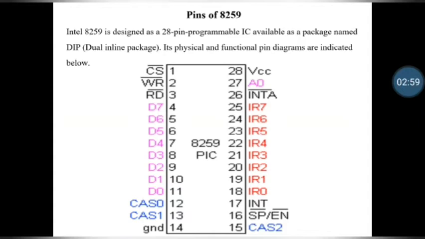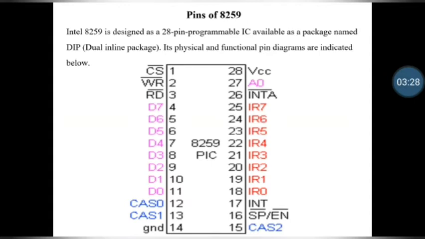The data will be carried to the control word or status word. Also these pins are used for carrying the interrupt vector information. Means the function of the data bus is to carry the data and also to carry the interrupt vector information.